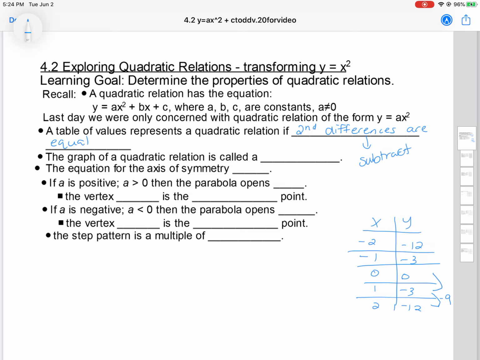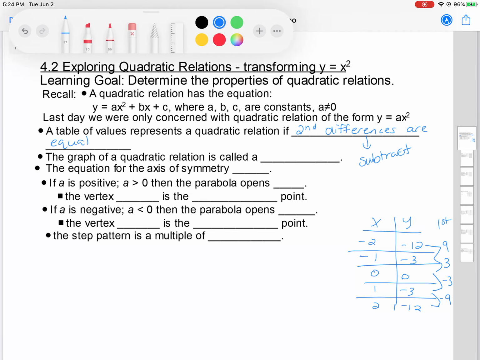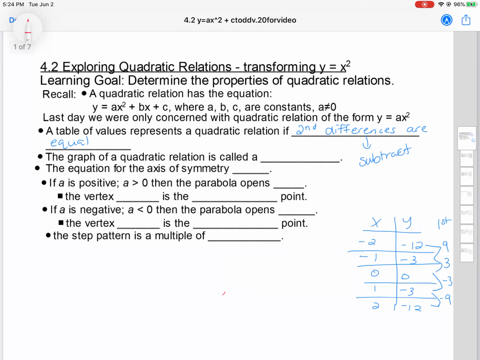Negative 3 minus 0 is negative 3. 0 minus negative 3 is positive 3. And negative 3 minus 12 is positive 9. So those first differences are not equal. Now let's do the second differences, which is you subtract the first differences.